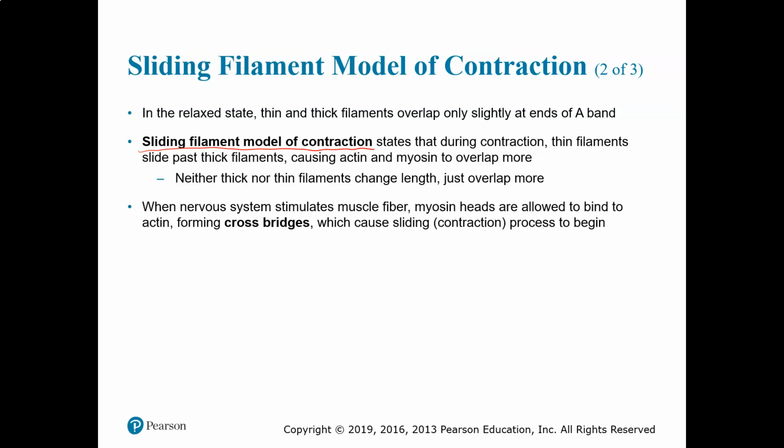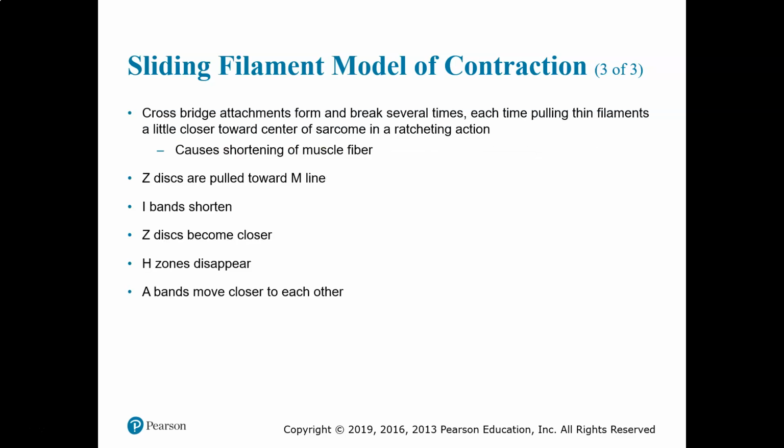None of the filaments change length. They just overlap more. The actin filaments come closer to each other. The sliding filament model of contraction, again, causes shortening of the muscle fiber.